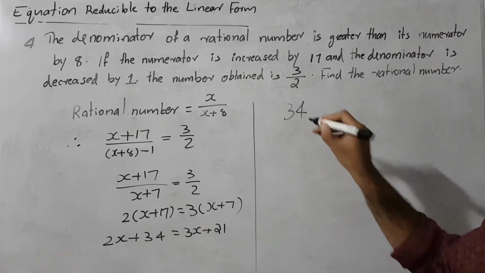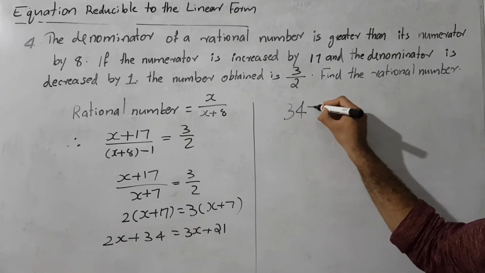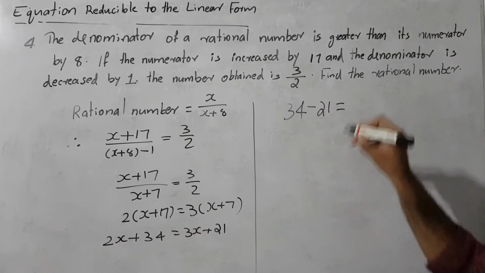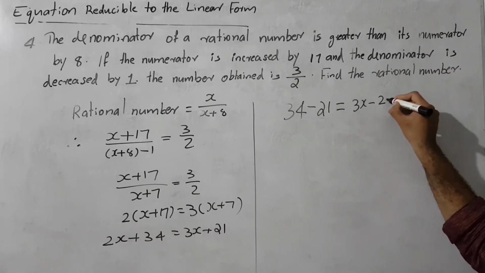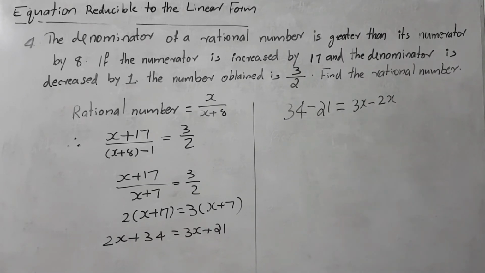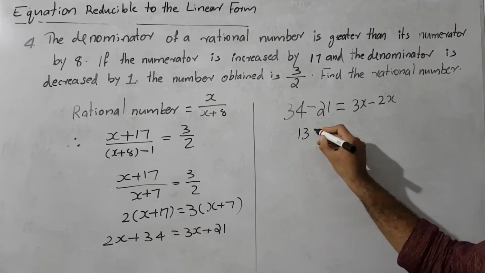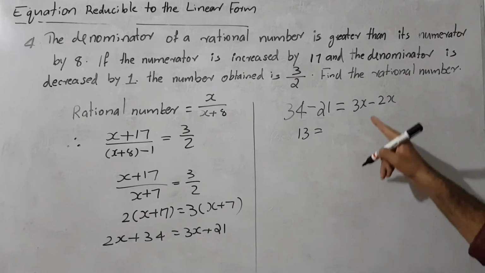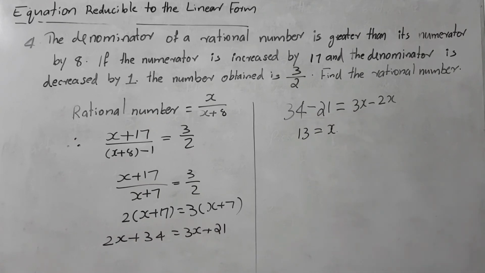Plus 21 becomes minus 21. So 3x minus 2x is equal to 34 minus 21. 34 minus 21 is 13. Correct? Then 3x minus 2x is equal to x.